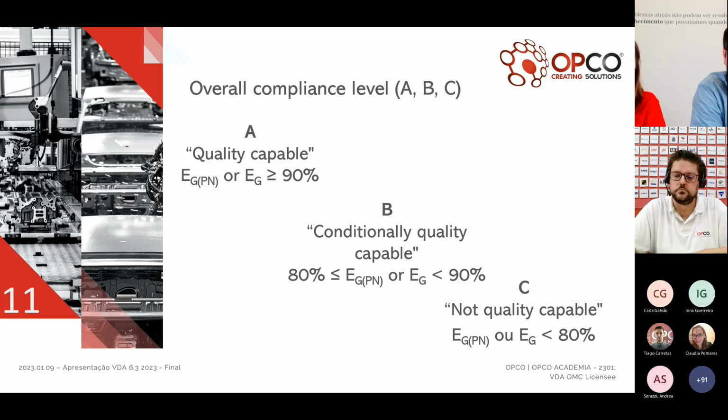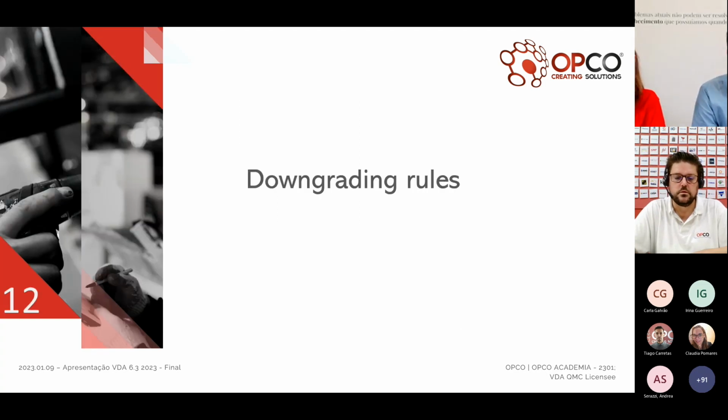Nevertheless, maybe we can ask about the star questions and the downgrading rules. Yes, we are looking at this, and if you're looking now at the downgrading rules, we can say there is no change. Let us remind some of those downgrading rules that came from the 2016 standard.